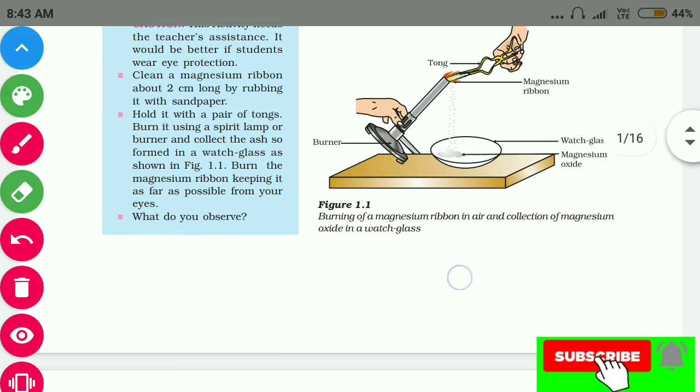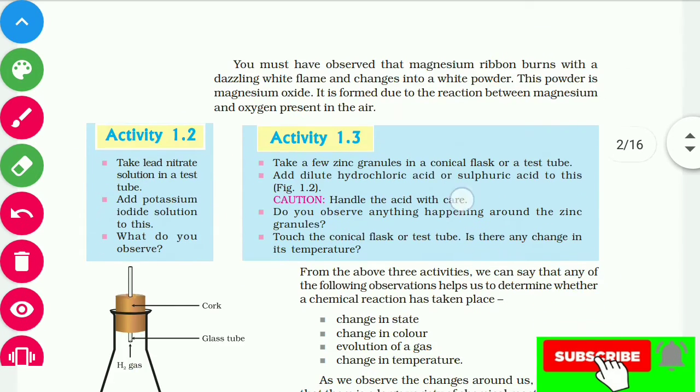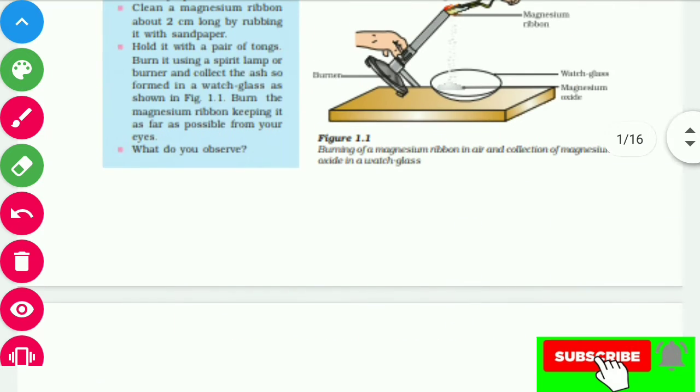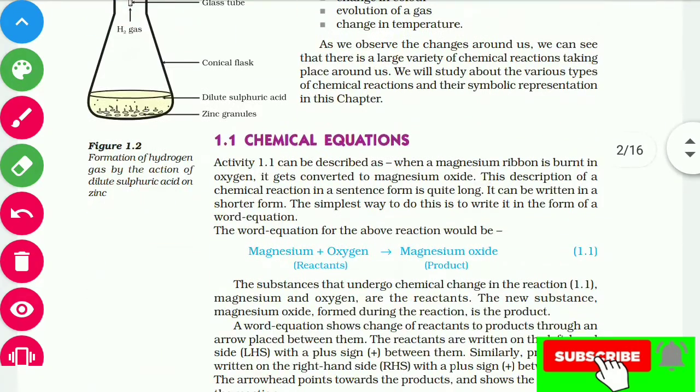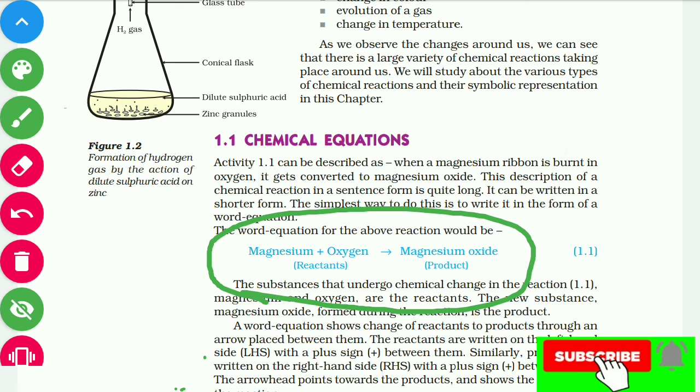This is the equation that you have seen in activity 1.1.